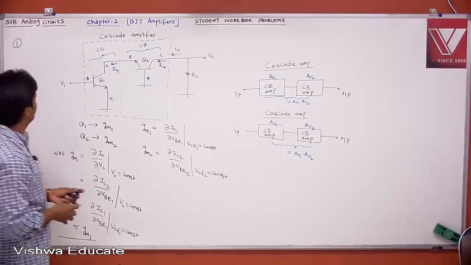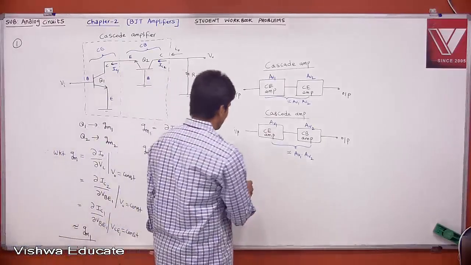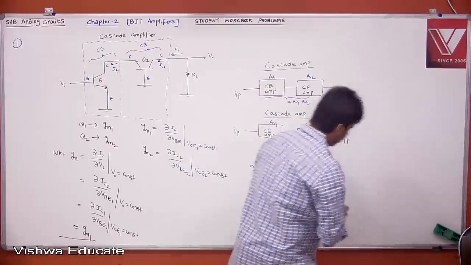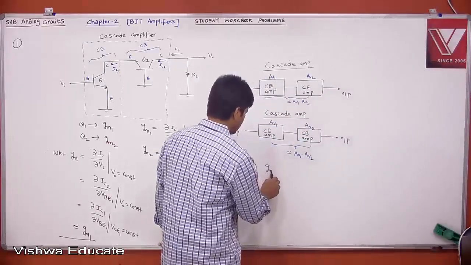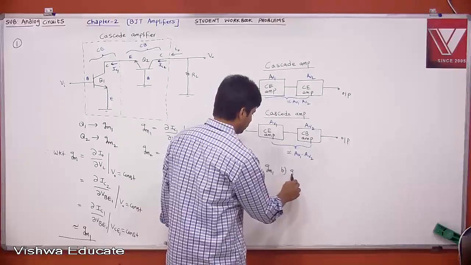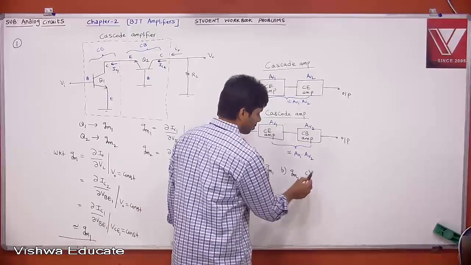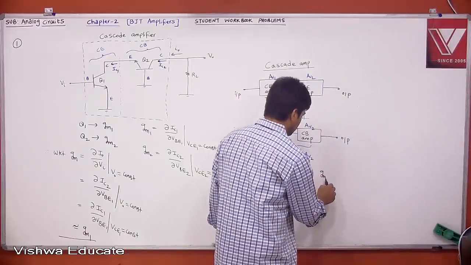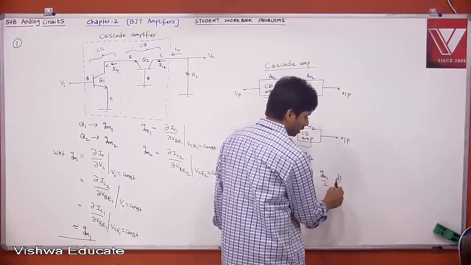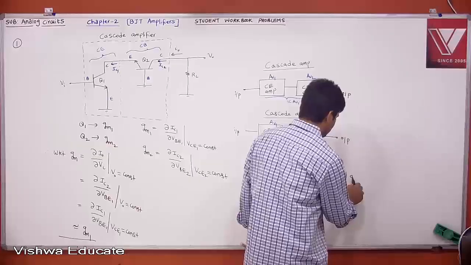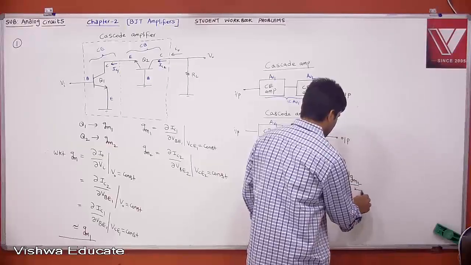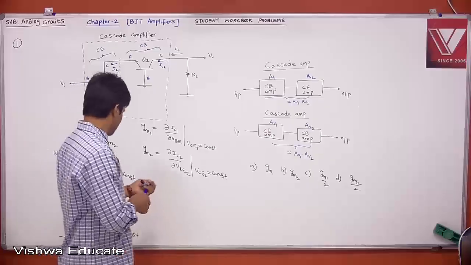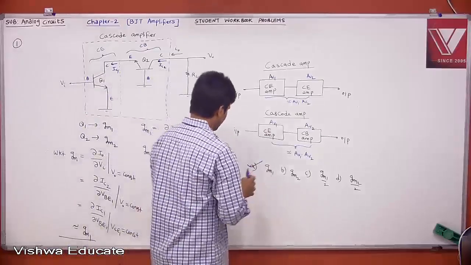This is the answer. What are all the options we have? Option A, GM1, option B, GM2, option C, GM1 by 2, option D, GM2 by 2. Tell me what is the answer? Answer is GM1. Take it.